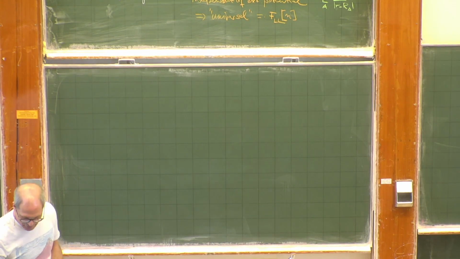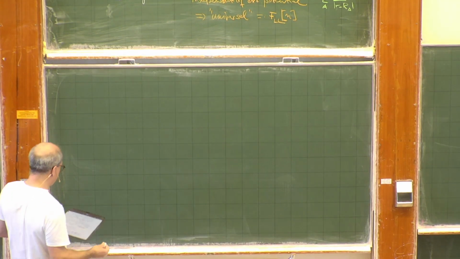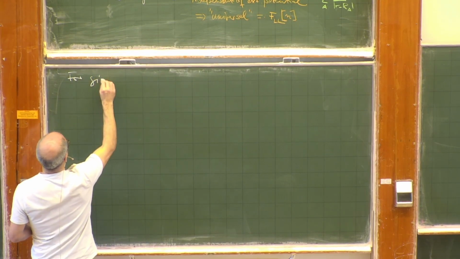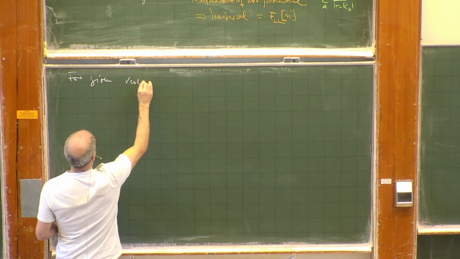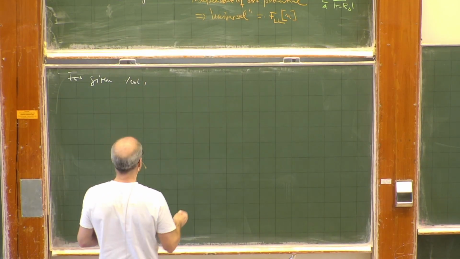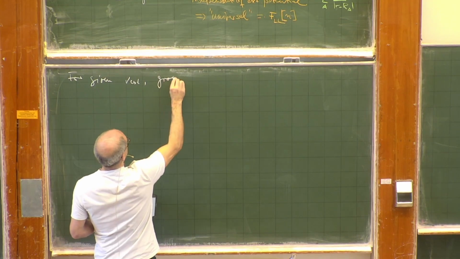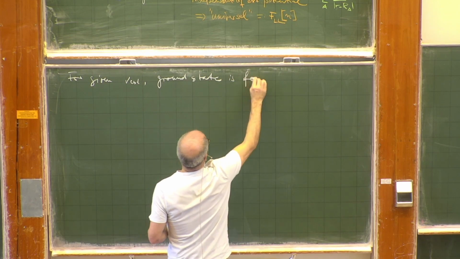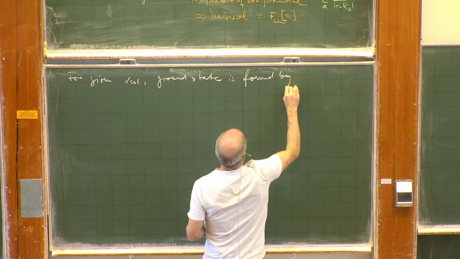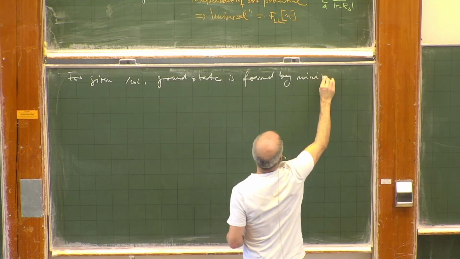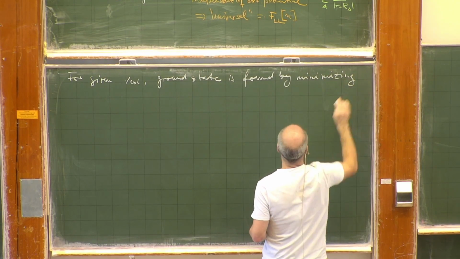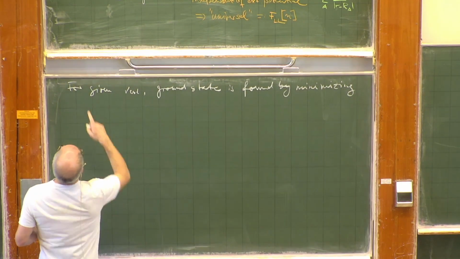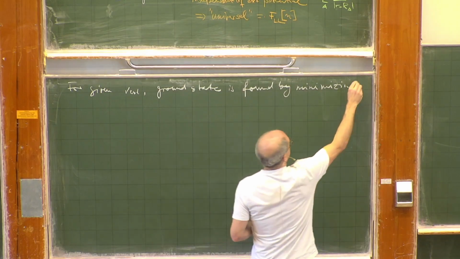Okay, and now for some given external potential, the ground state is found by minimizing this function E_LL that we have defined above.